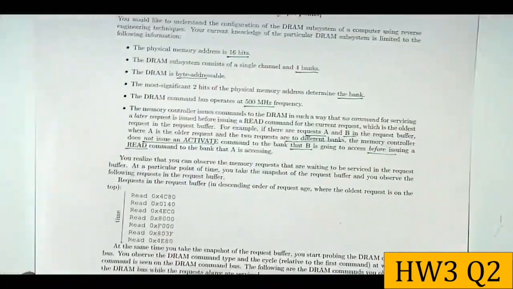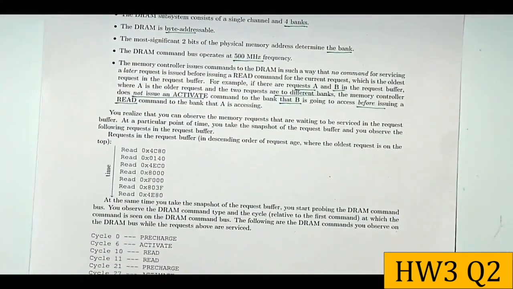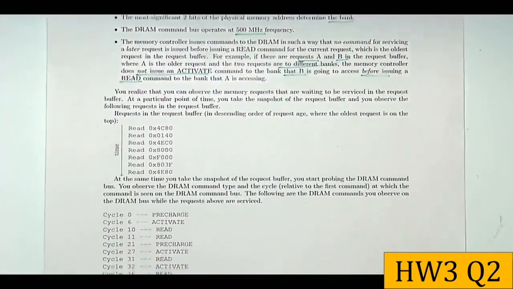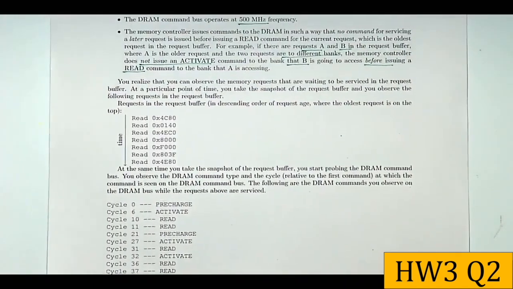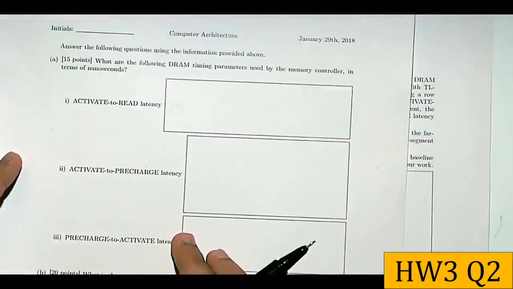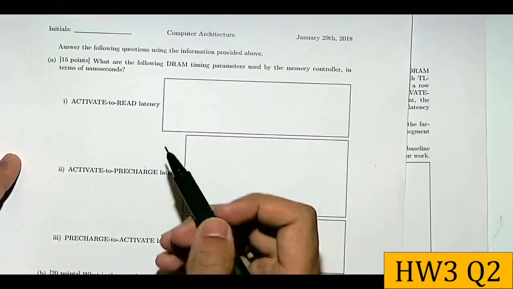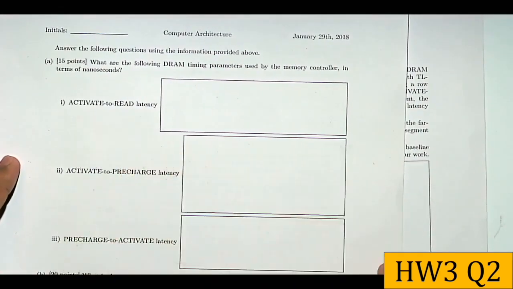So now let's see, if we know this kind of information, how we can reverse engineer the system and get some data out of it. The first question is, it's visible, right? Yeah, okay. The first question is the activate to read latency.